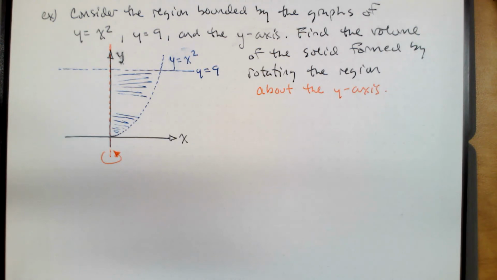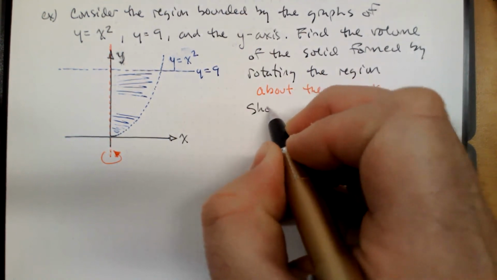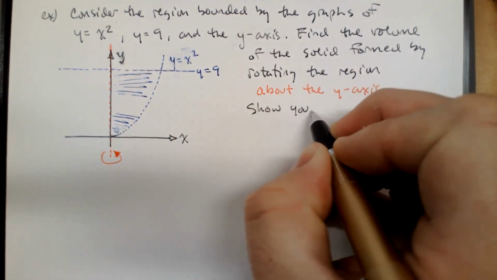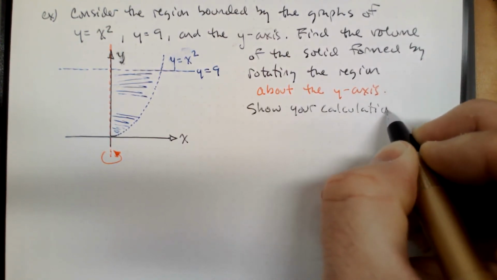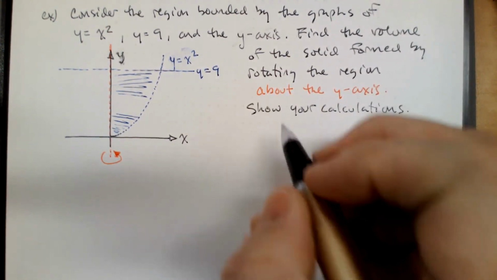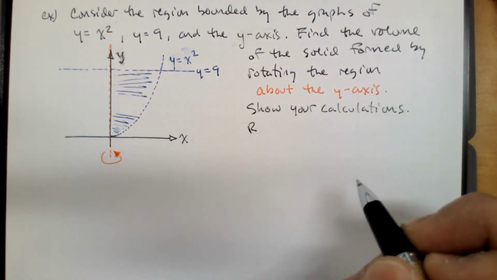Usually when I'm setting one of these problems up for you to do, I will say, show your calculations. And I'll be specific about what I mean by that. And I will usually also say round your answer to five significant figures.